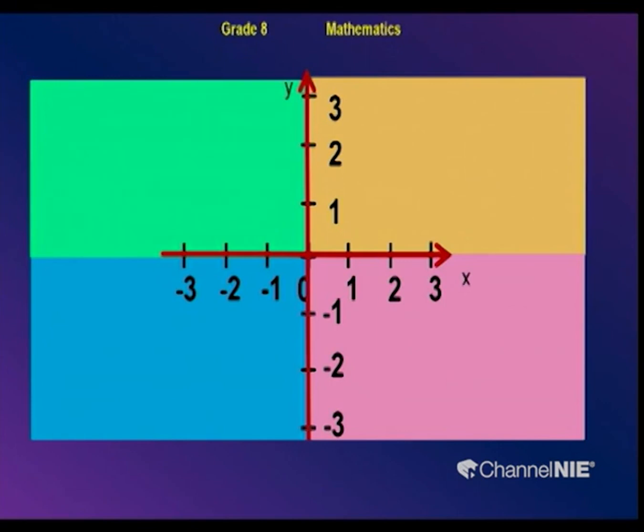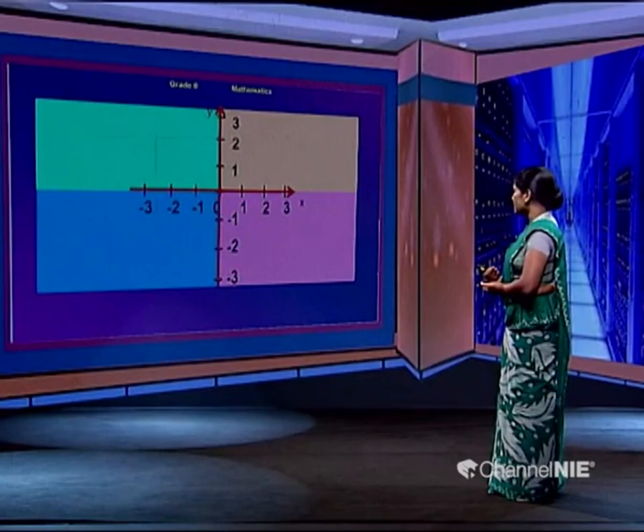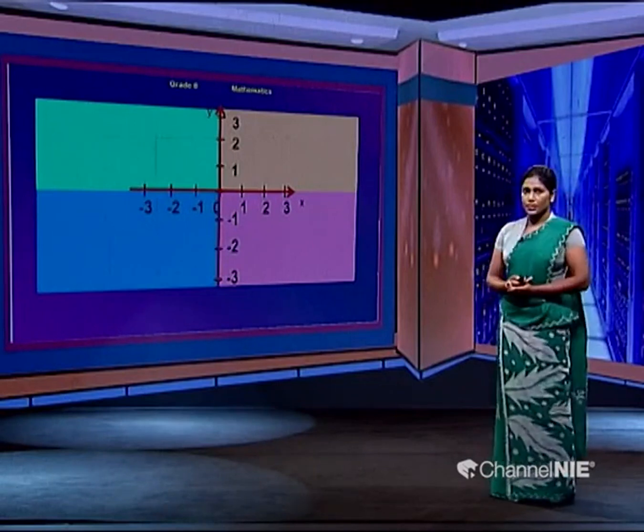Then the green color region has negative and positive, and the blue color region has negative and negative. Finally, I am talking about the pink color region, with positive and negative numbers.